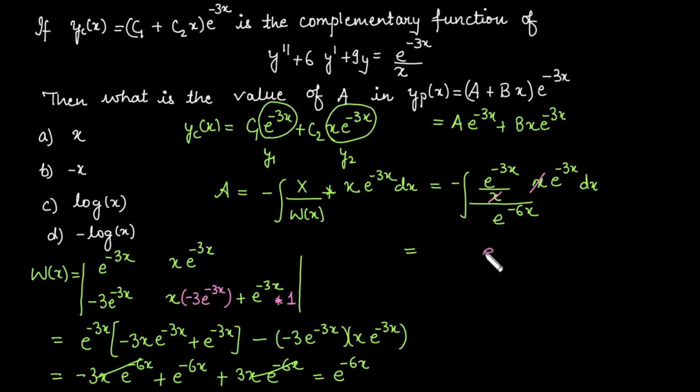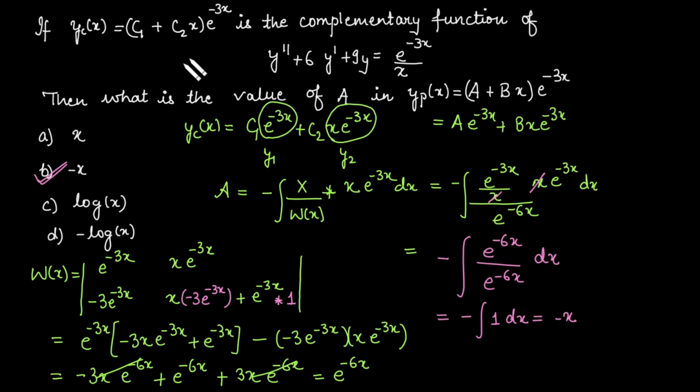Numerator term is e raised to power minus 6x because base is same and power is added, divided by e raised to power minus 6x. Integration, this negative sign as it is, dx. Again we can cancel this one. We have minus 1 of the integration dx. That is equal to minus of x. Hence option B is correct.